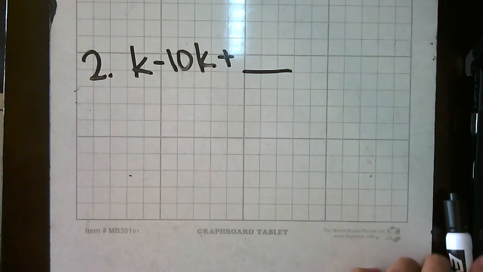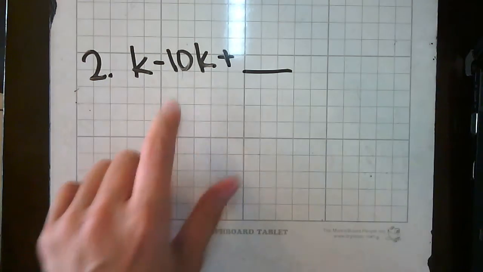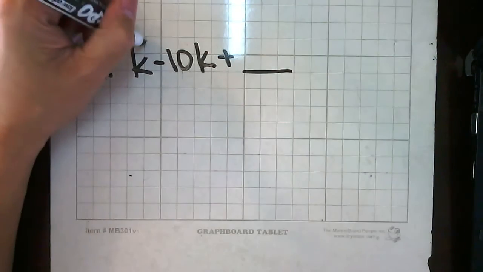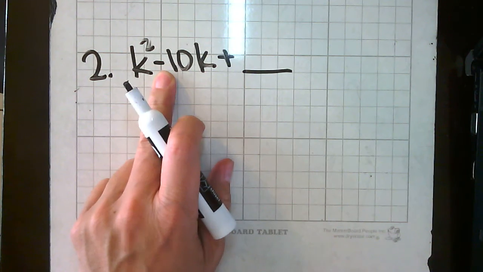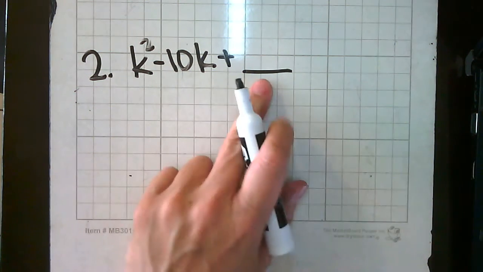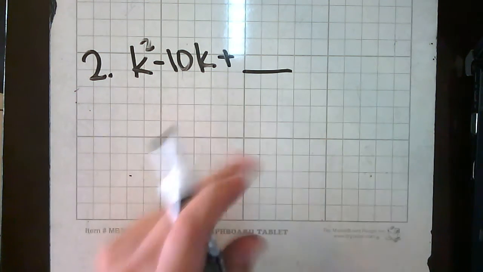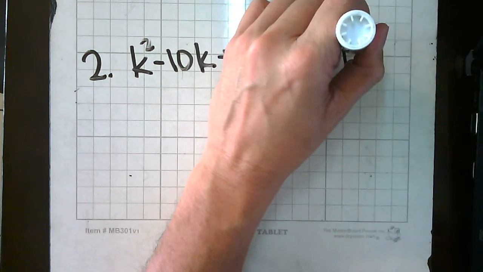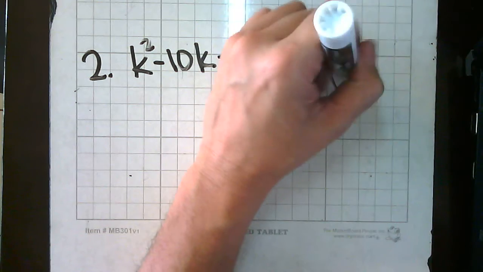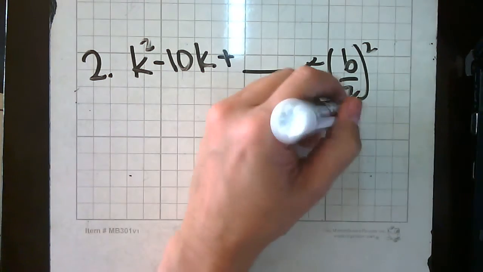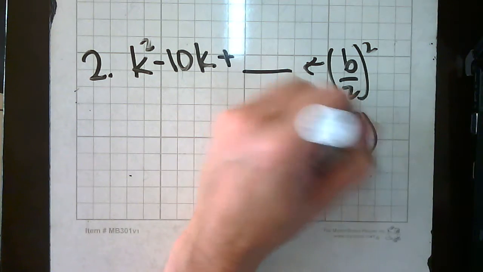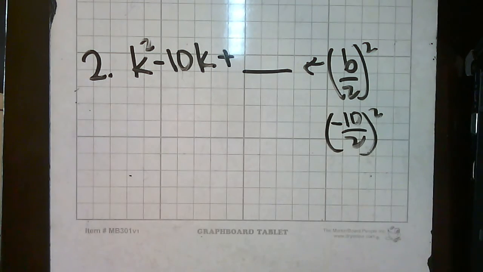All right, here's the next problem we're going to do. The only thing I changed here is I have a negative. So we're going to follow this the same way and see how this affects this one and our final answer. Again, for this one, we're going to use b over 2 squared. Here our b is negative 10, divided by 2 squared.